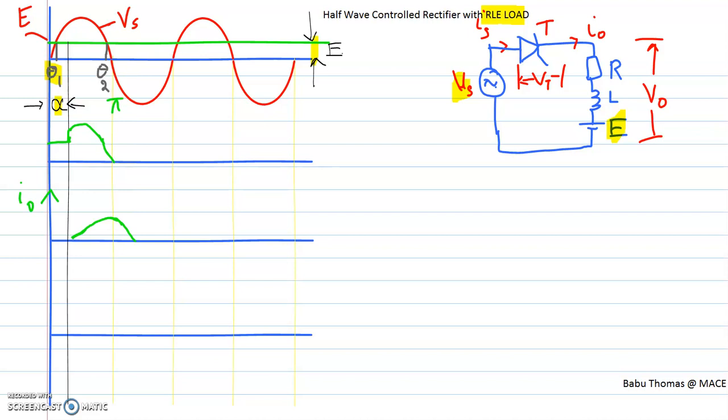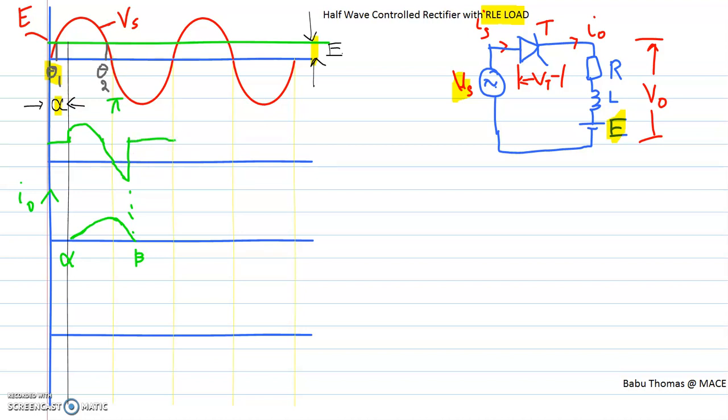So your output voltage will also follow the same waveform of your input voltage. This is nothing but your beta, and this is nothing but your alpha. Now at beta, the thyristor has turned off, and the output voltage again starts to go to E, and this will continue like this.